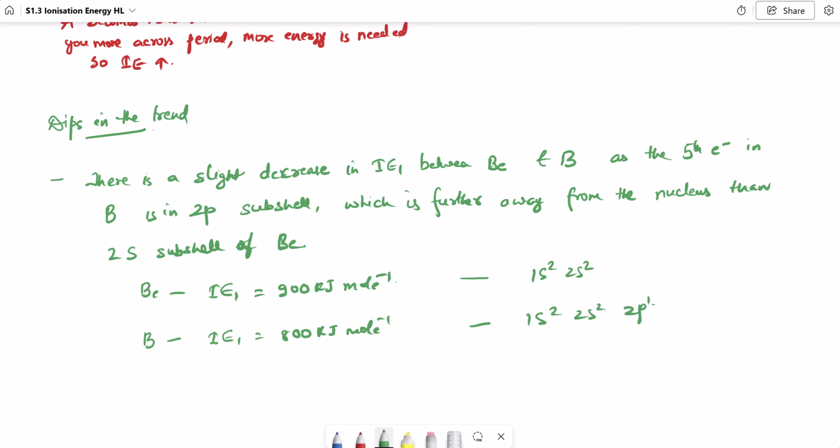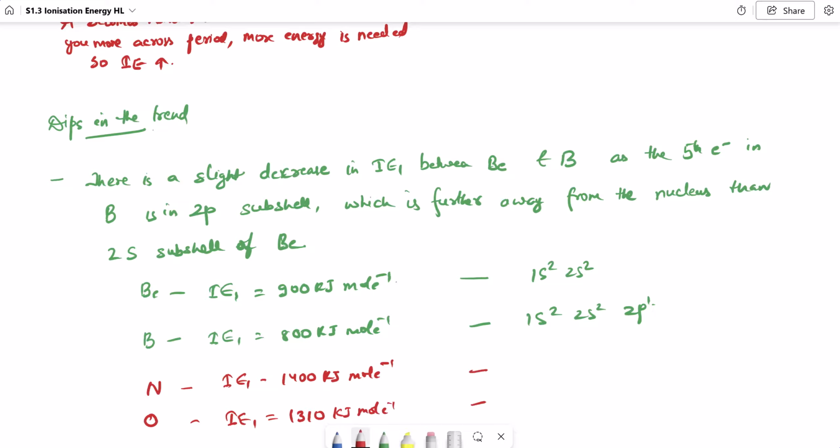In a similar way, you will get a difference between nitrogen and oxygen. Nitrogen's first ionization energy is 1400 kilojoule per mole, right? And for oxygen the first ionization energy is 1310 kilojoule per mole.